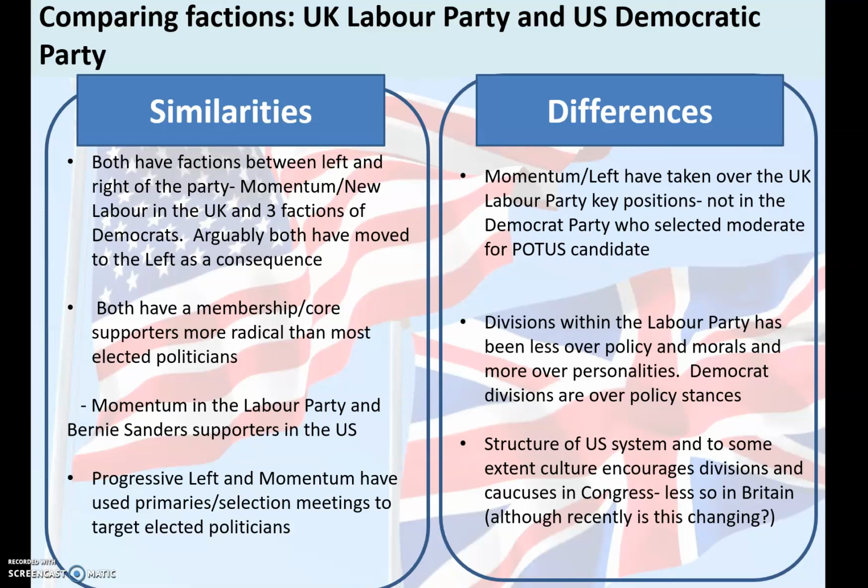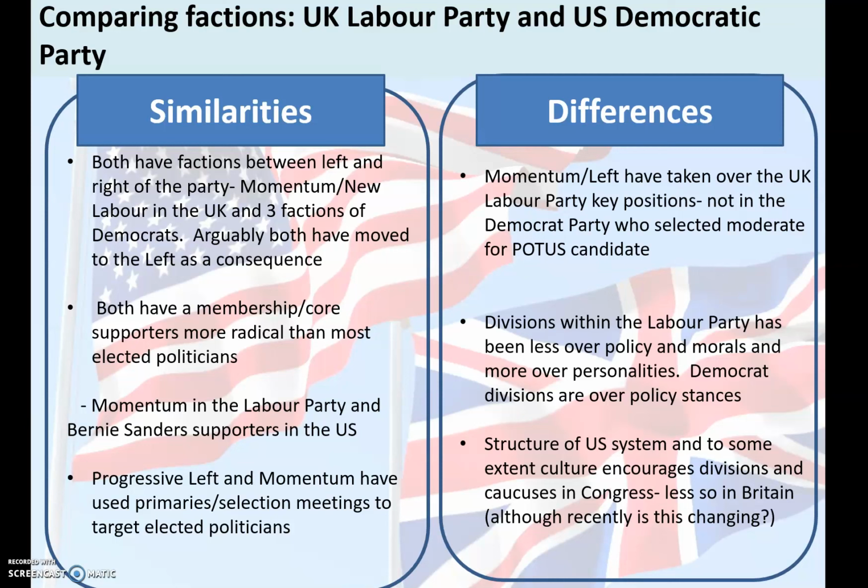And you might argue, is that true for Momentum as well? But I think I would probably get a point out to say that the structure of the US system encourages different groupings and different caucuses, and they tend to be quite structural as well. Whereas in Britain, there's more of a culture of unity within the parties, and they tend to be less of a structure to the different factions.